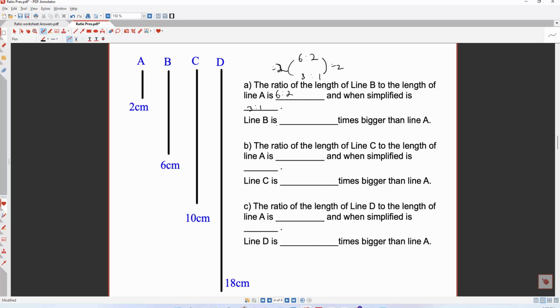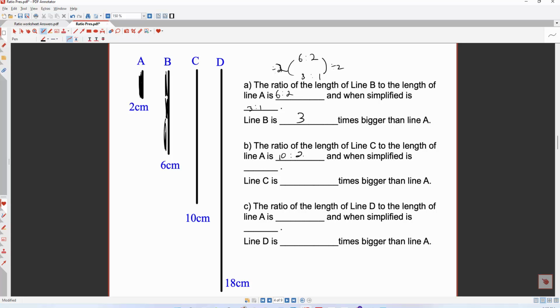Okay, and what does that mean? It means for every one of these, it's 3 of these. 1, 2, 3. Okay, so line B is 3 times bigger than line A. Right, the ratio of the length of line C compared to the length of line A, so it's 10 to 2.